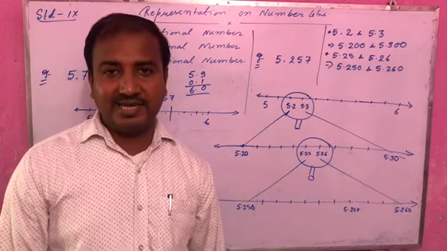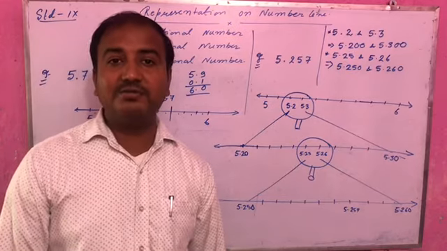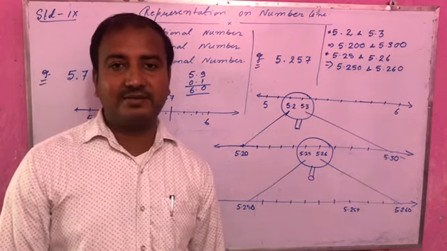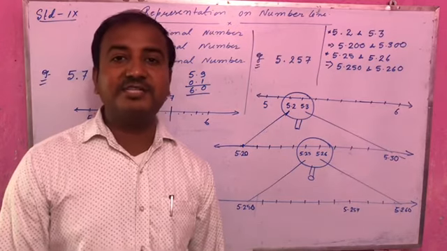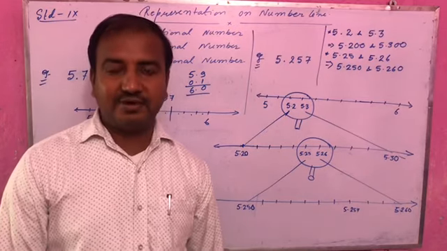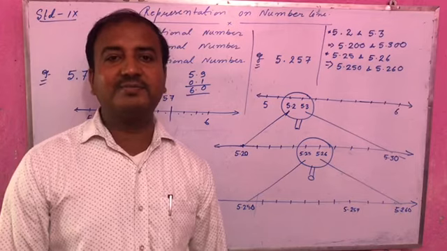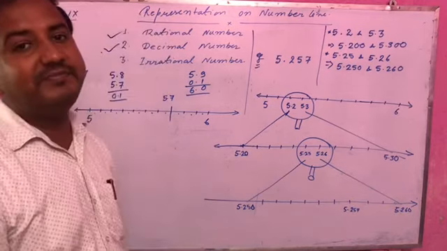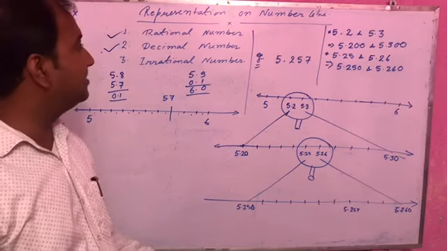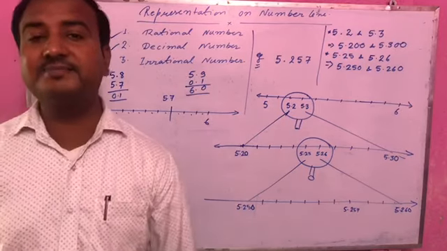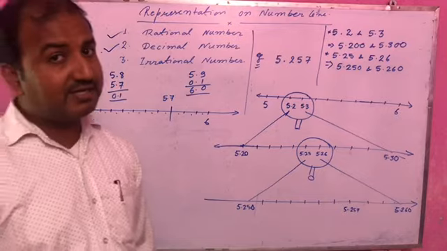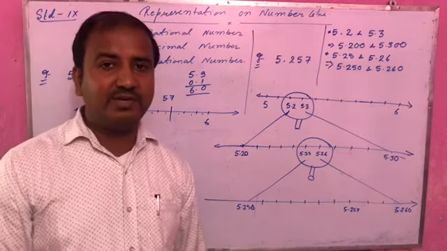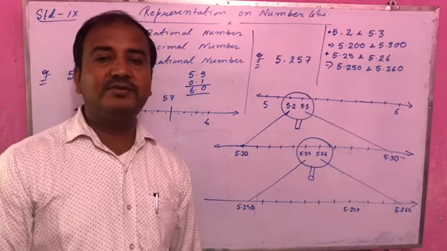And in class 8, we had learnt regarding rational number and its properties for the fundamental plus minus multiply divide. And in class 9, we will learn irrational and its properties.